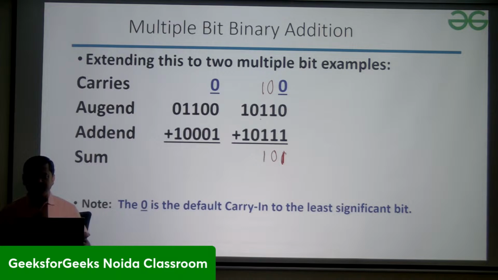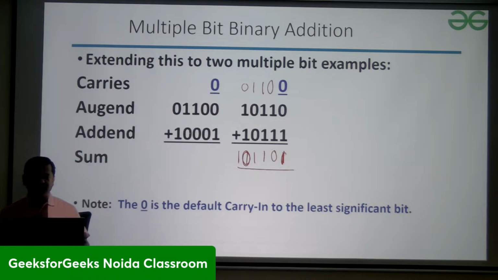So 1 is sum and 1 is carry. 1 0 is 1, again 1 0 is 1. So sum is 1 here, carry is 0. 1 1, that is going to be sum 0 and carry 1. So this is the outcome, that 1 0 1 1 0 1 is the sum of this particular value.